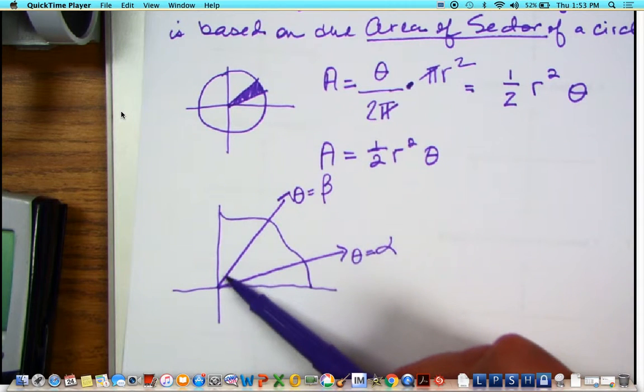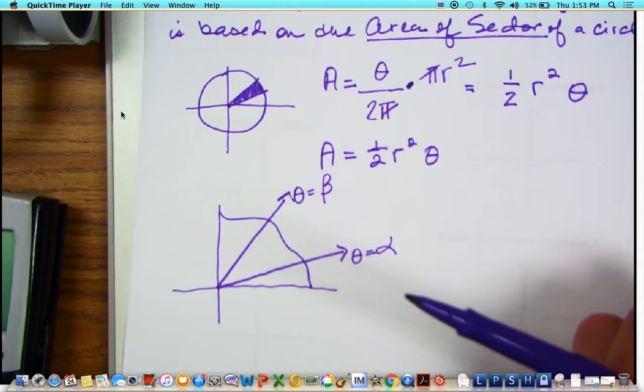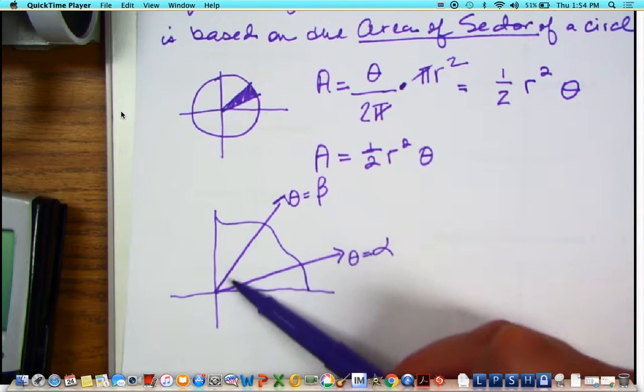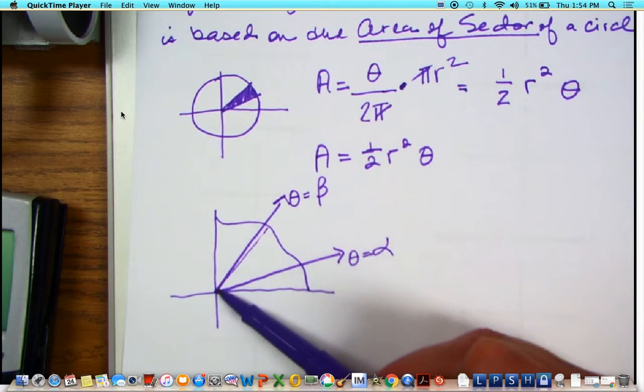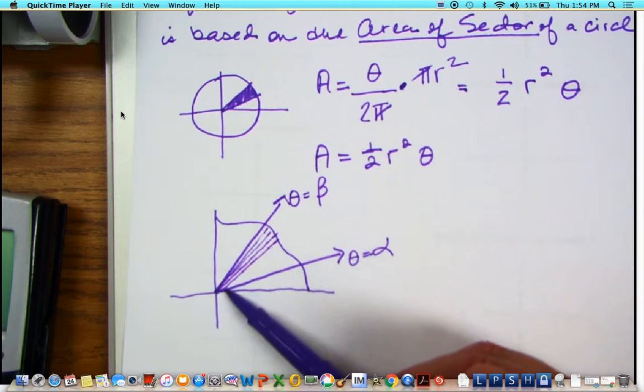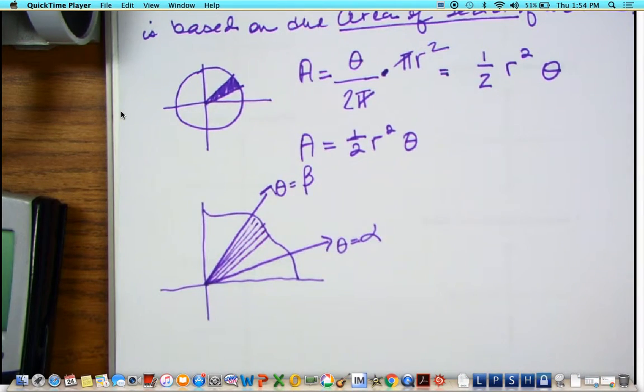So what is it that you think I can do to calculate the area of this polar region? The integral from alpha to beta. So in other words, you're going to sum together an infinite number of sectors, basically, right?